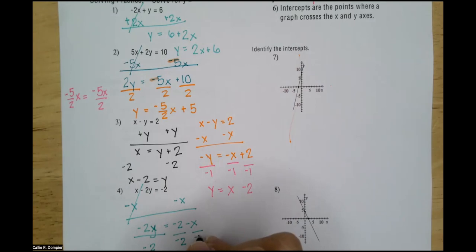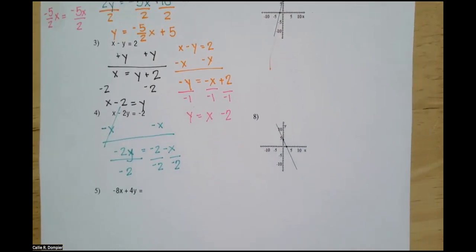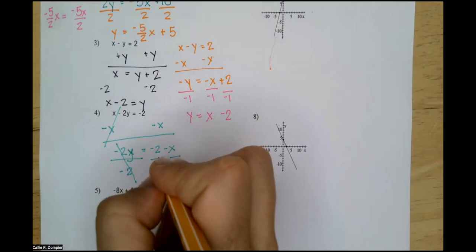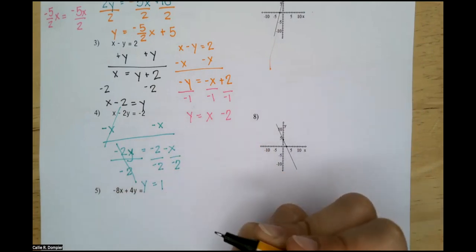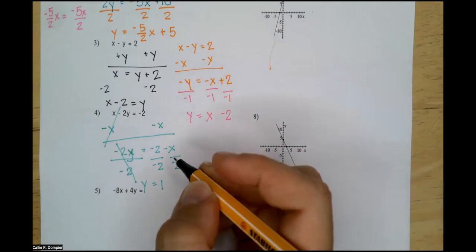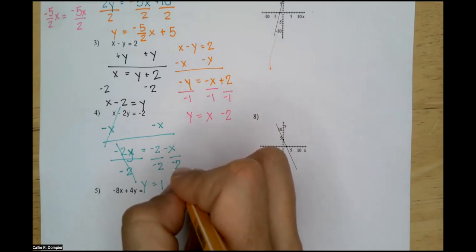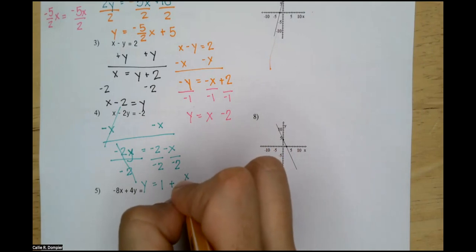Again, if you don't want to divide or multiply by a negative, just move the y over and then move that 2 over, okay? If that seems easier to you, do it. It's not wrong. Now I have y equals negative 2 divided by negative 2 is just a 1. Feel free to put it in your calculator. Negative x divided by negative 2 is a negative divided by negative becomes a positive x over 2.